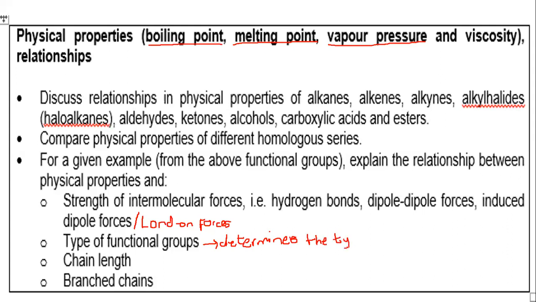In other words, the type of intermolecular forces that you get in an organic molecule depends on the type of functional group that molecule has altogether. My dear learners, as we go deeper, you will understand what we mean when we say the type of functional group will determine the type of intermolecular forces. Right, so just note that.